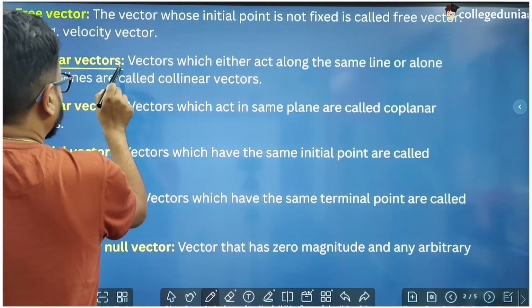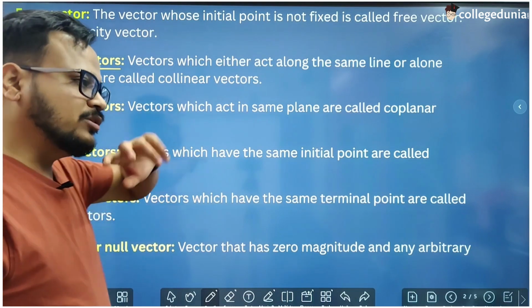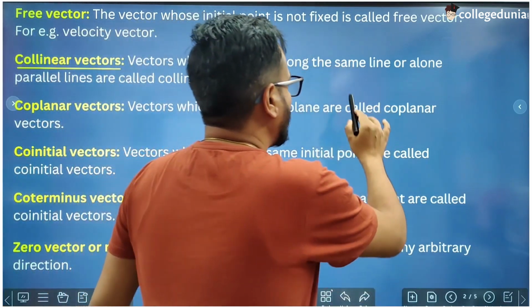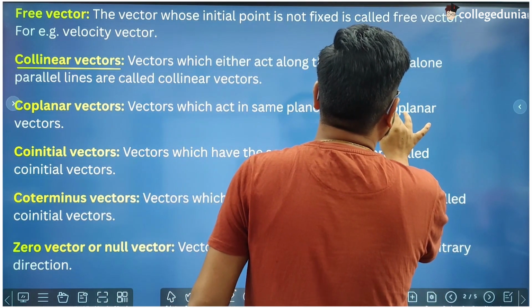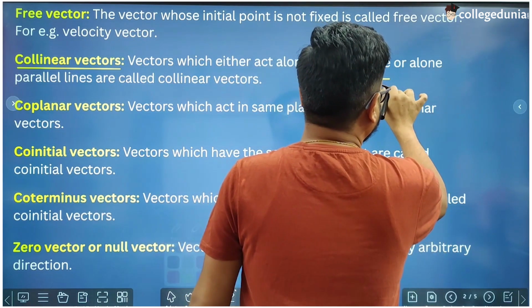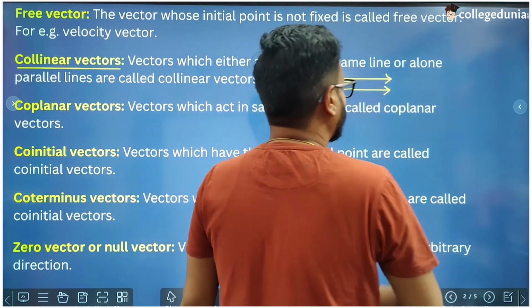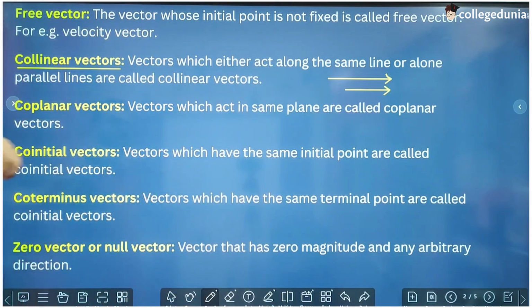Then collinear vectors. What are collinear vectors? Vectors which act along the same line are called collinear vectors. For example, this vector and this vector, both these vectors are collinear vectors. Earlier we have studied about equal vectors, so those vectors were having same magnitude and direction. Now we are saying that collinear vectors are the vectors which act along the same line, right?